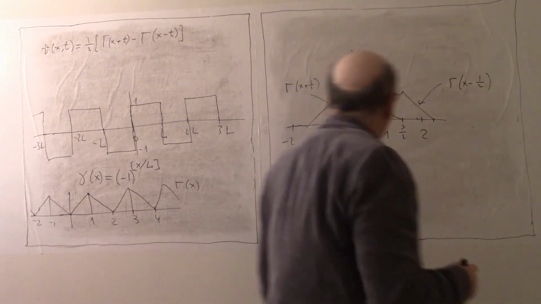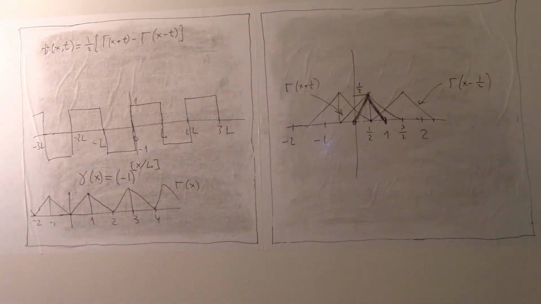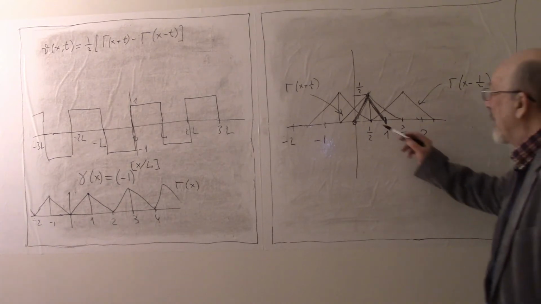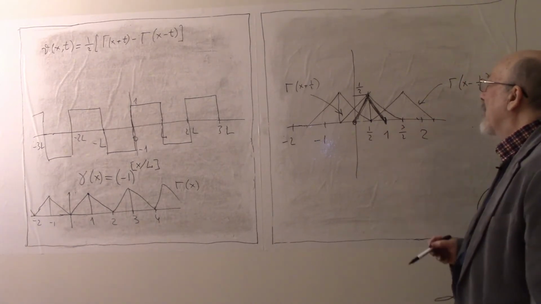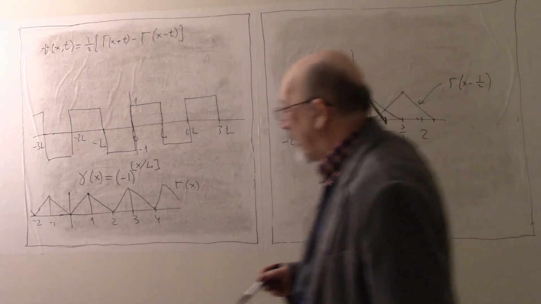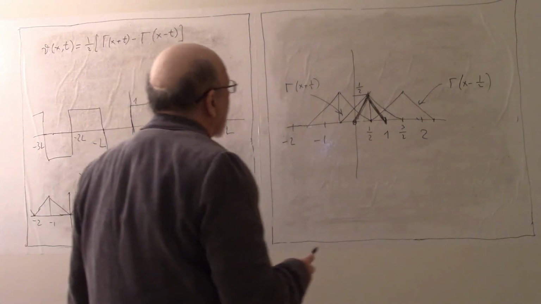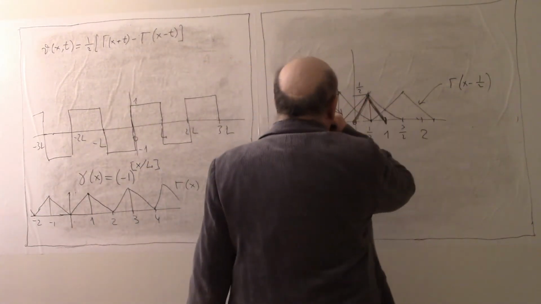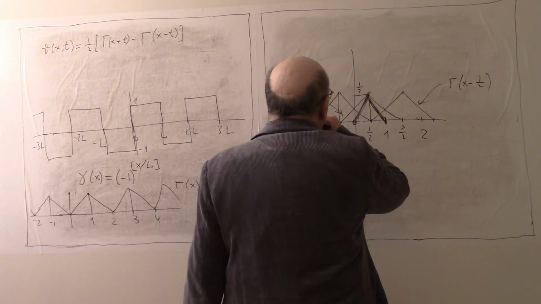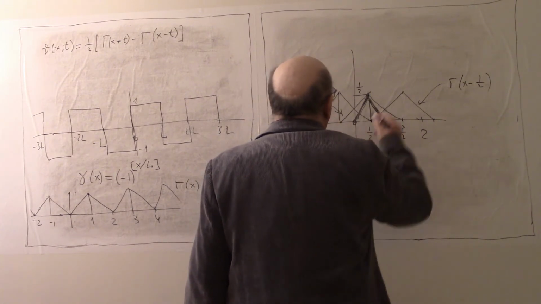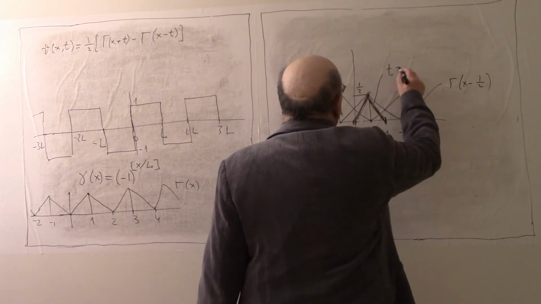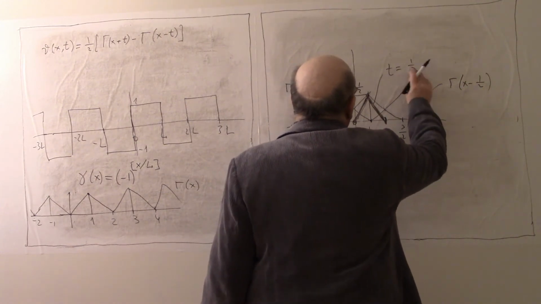And we don't need to find the sum or difference outside of this segment. We are interested to solve between 0 and 1. So here we constructed this solution. So this is the solution for t equals 1/2.